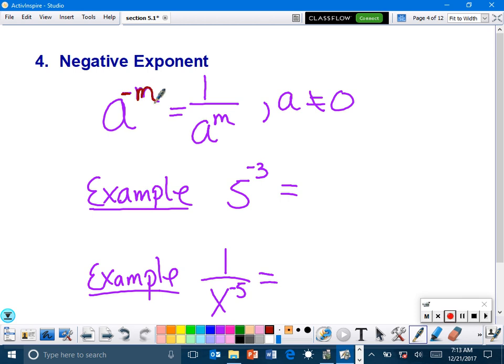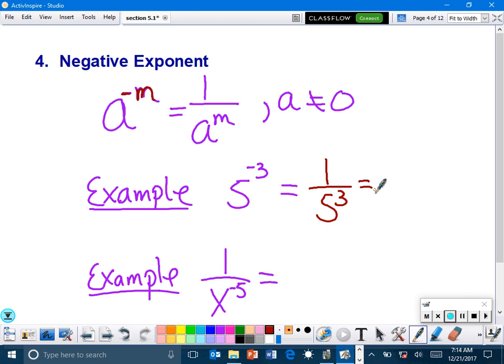To take care of that, we simply drop it down to the denominator. So we would write 1 over a to the m power. When you see a negative, drop it to the denominator. So in this example, 5 to the negative 3, we simply would rewrite it as 1 over 5 to the third power.